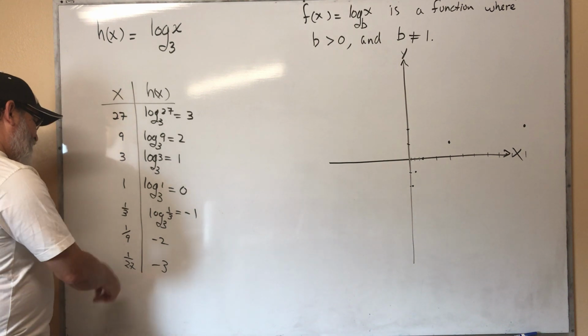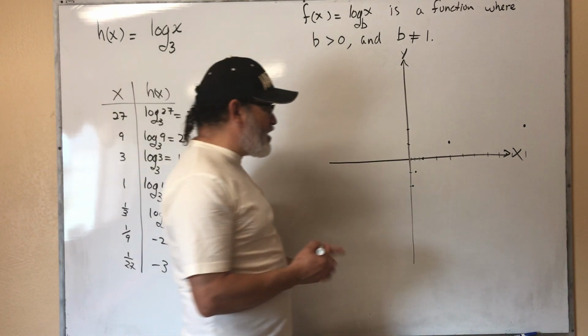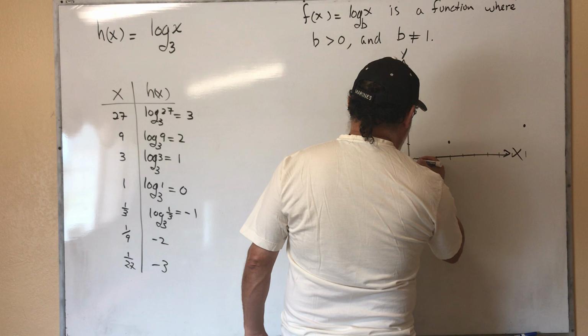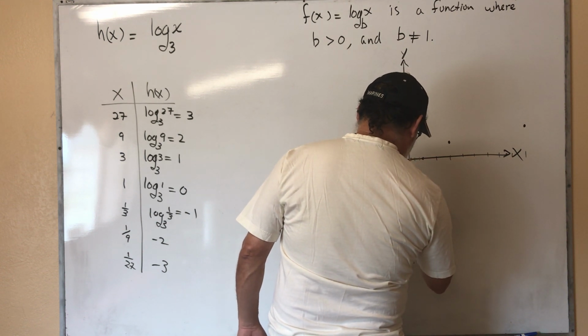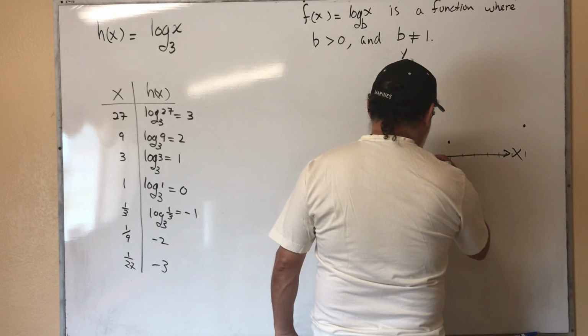X is 1/27, y is -3. So we're getting this.